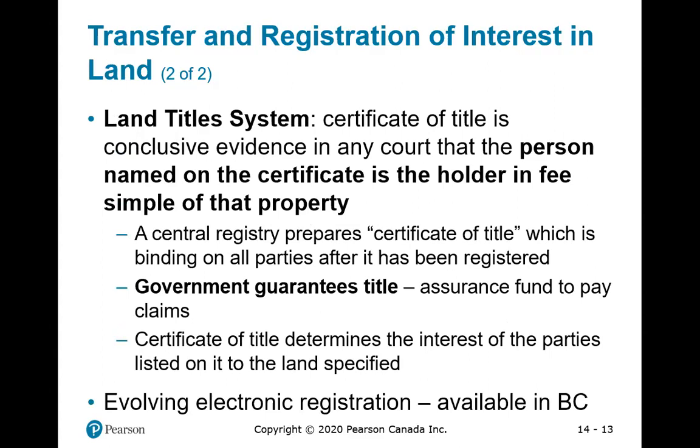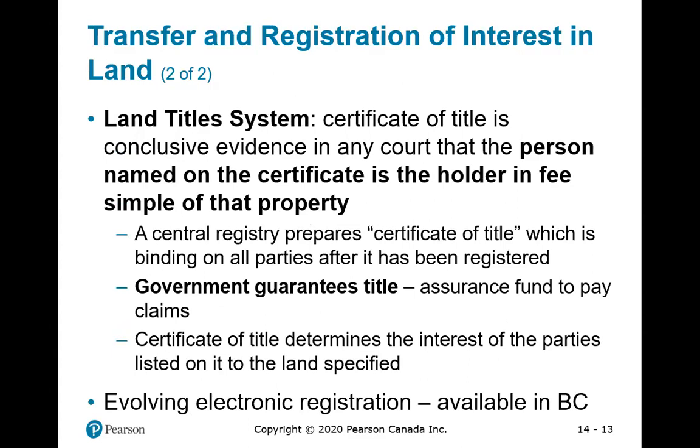The land title system is when the government guarantees the title. So there's this certificate of title which will contain the name of the current owner, the current holder of the fee simple. It will contain whether there's a mortgage or not, whether there are rights of way, licenses.